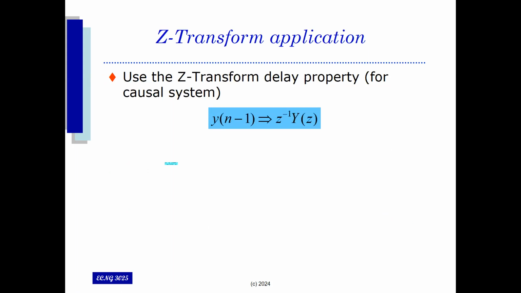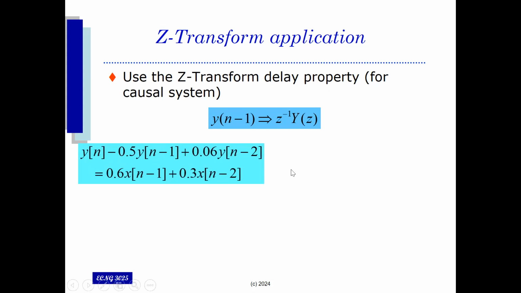One of the reasons we prefer the negative index is that for any number like x[n-1], when you find the z-transform of that, n minus 1 has a z^-1 X(z) in front of it. n minus 2 would have a z^-2 X(z) in it, plus something else as well.